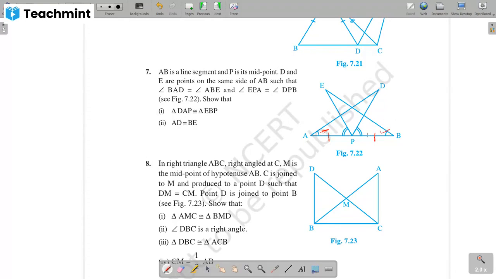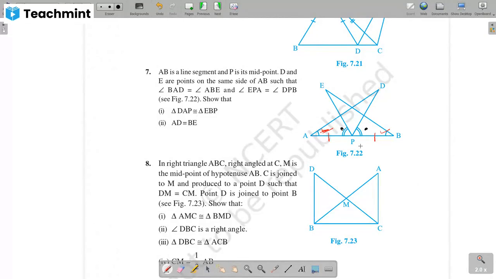It means these two angles are equal. It is given. And angle EPA is equal to DPB. This is given in the question.